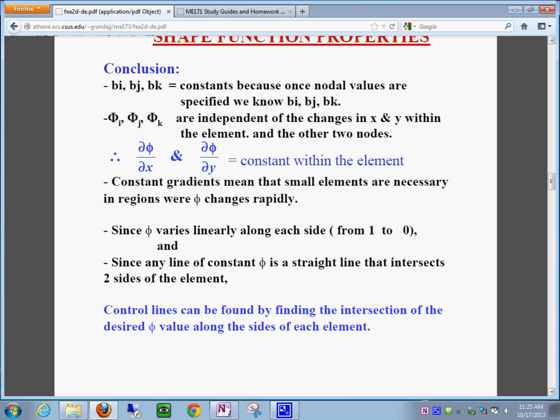Since phi varies linearly along its side, and since any line of constant phi is a straight line that intersects two sides of the element. You see, phi varies linearly along its side from 1 to 0.